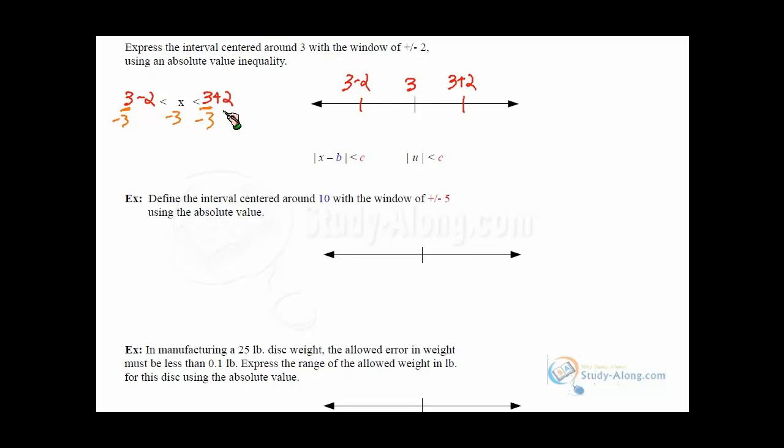If we're going to change one part of it, we're going to change all the others to keep it all consistent and all equal. So, what is this going to yield? It's going to be negative 2 is less than x minus 3, which is less than, this cancels out, positive 2.